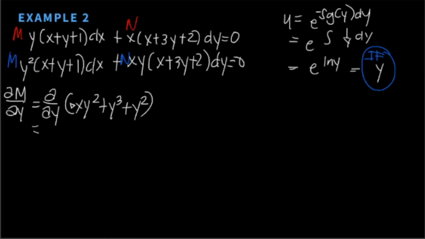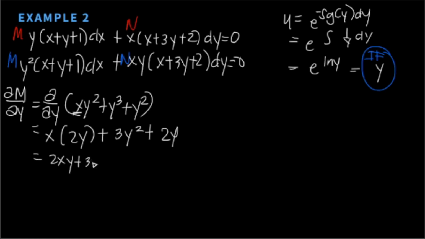So, in terms of y tayo differentiate, so therefore, ang x dito is constant. So, constant x times differentiation ng y squared, that would be 2y, plus differentiation ng y cubed, that will be 3y squared, plus differentiation ng y squared, that will be 2y. So, simplify natin, magiging 2xy plus 3y squared plus 2y.